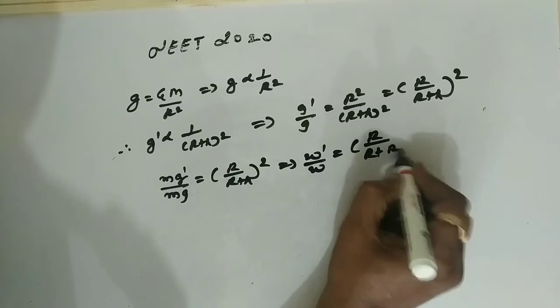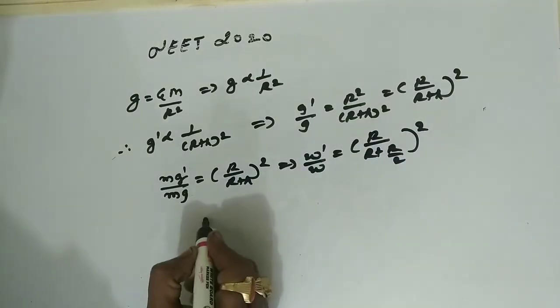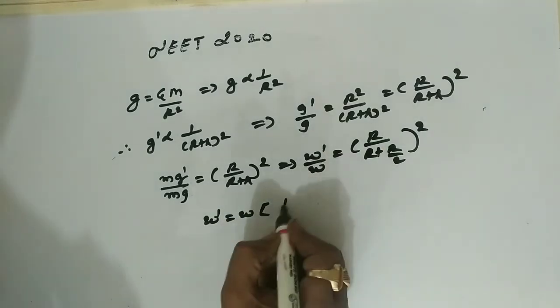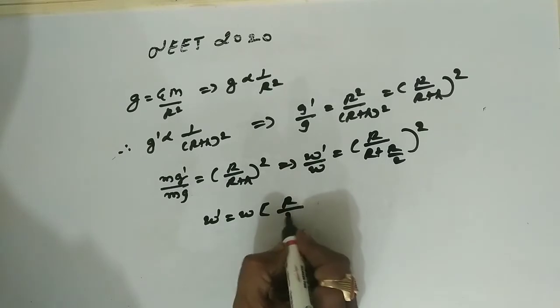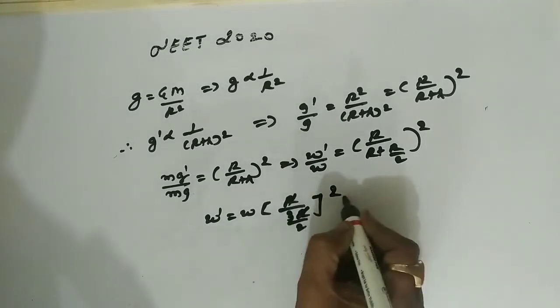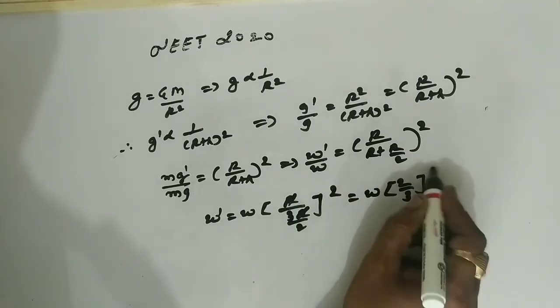Half of the radius, R by 2, whole square. What weight is given? W dash is being asked. W dash equals W. So R as it is I keep. So 2R plus R, 3R by 2. 3R by 2 whole square. R gets cancelled. What does it become? 2 by 3 whole square.